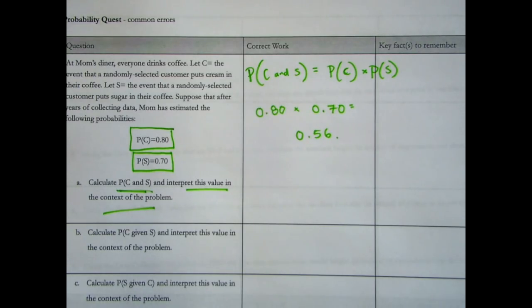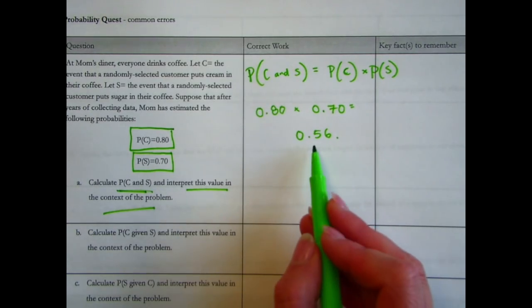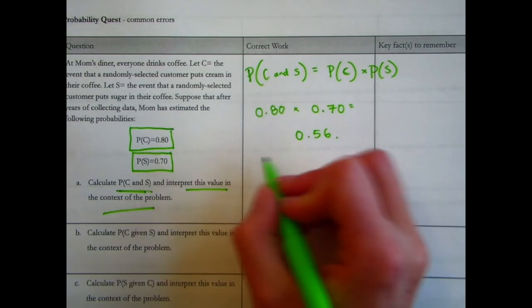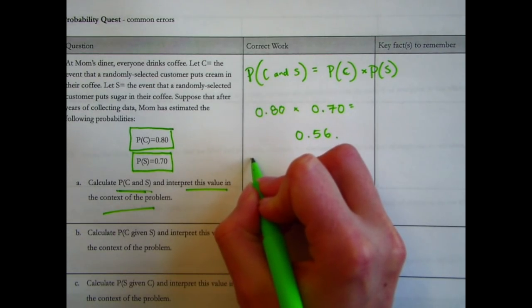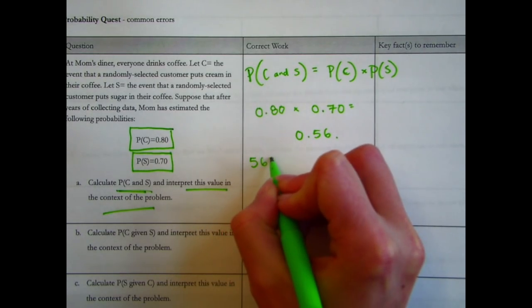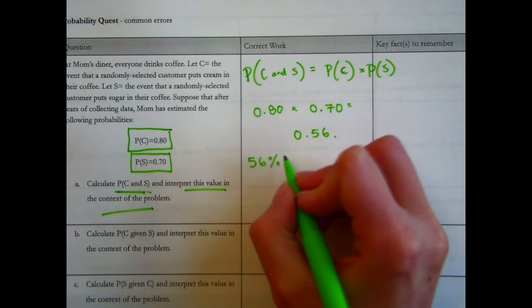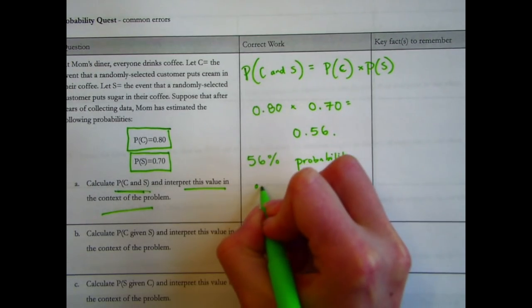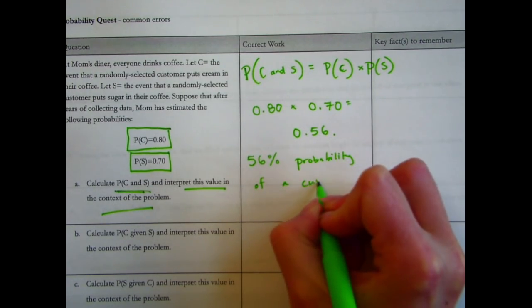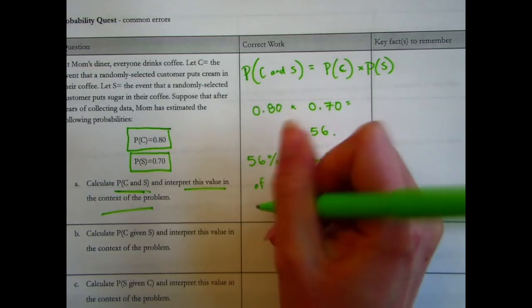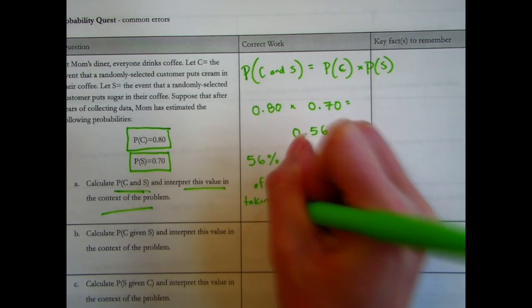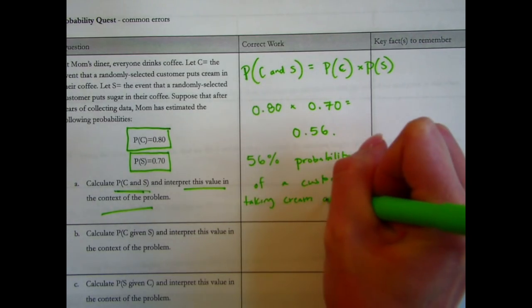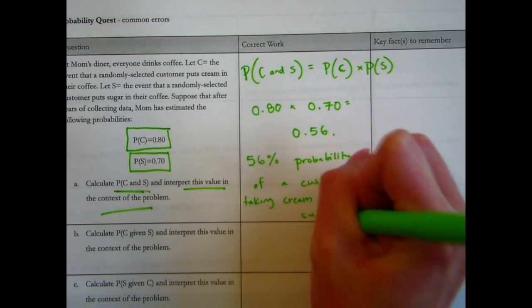So there are a few ways to interpret this in context. The key is that you have to say that this represents the probability of cream and sugar. So I'm just going to say, doesn't even have to be a full sentence, 56% probability of a customer taking cream and sugar.